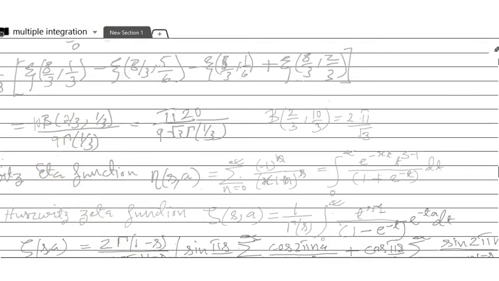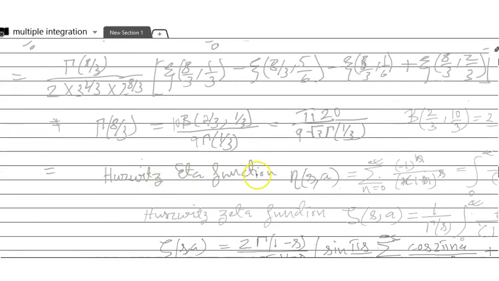Now we want to explain the Hurwitz zeta function. Eta s comma a equals the sum n equals 0 to infinity of minus 1 to the power n, x plus a, whole to the power s.